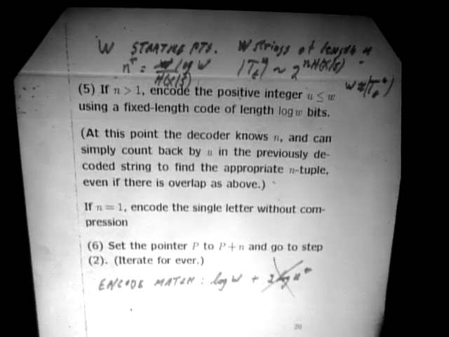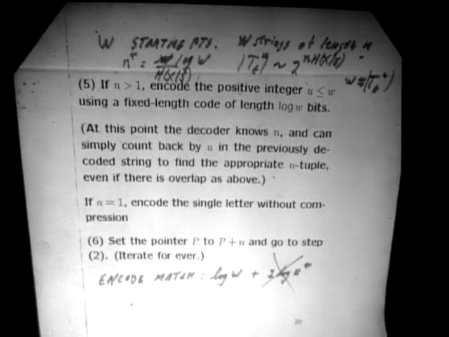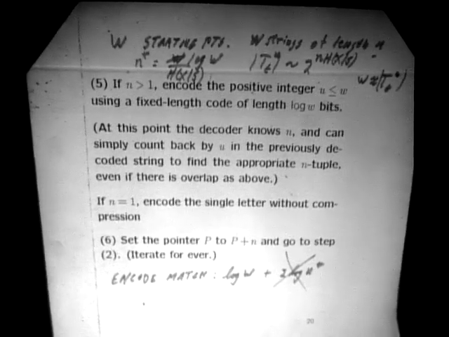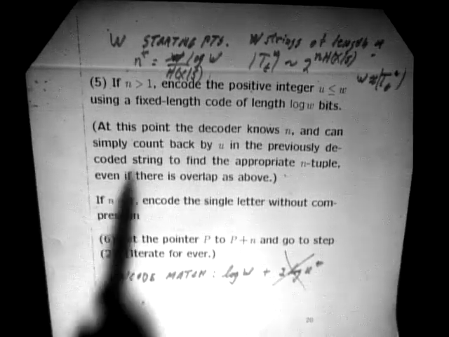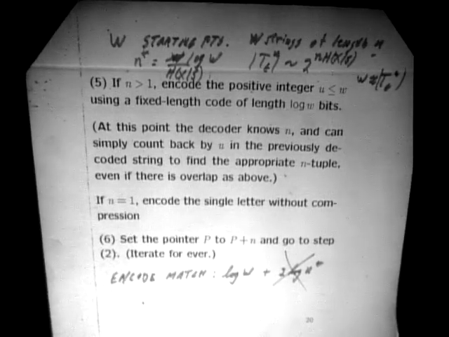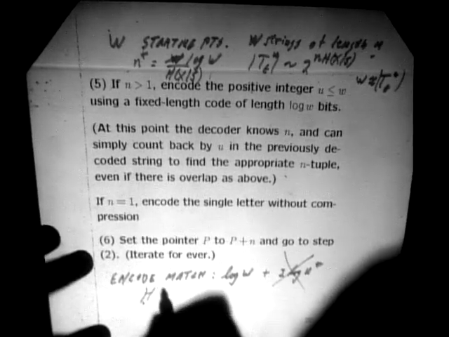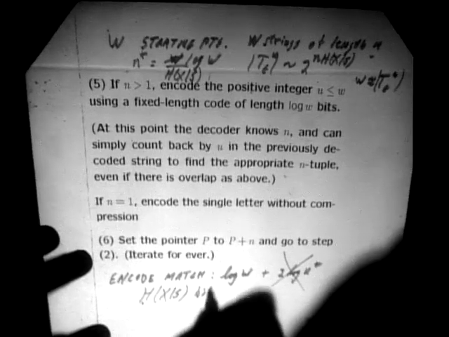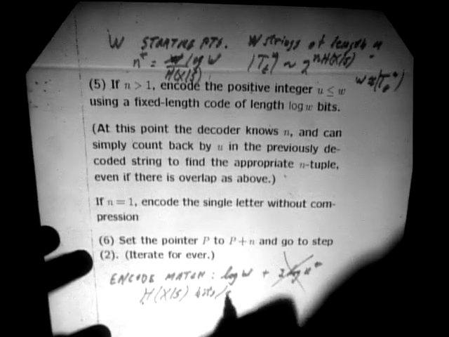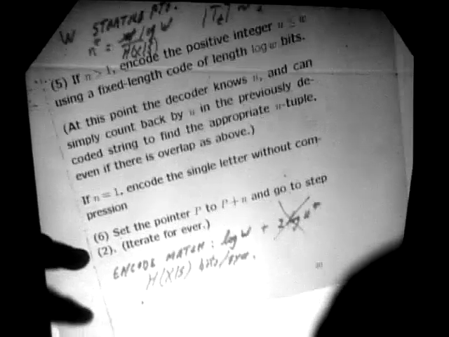So you encode n star bits, you use log W bits to do it. How many bits are you using per symbol? H of x given s. Okay?